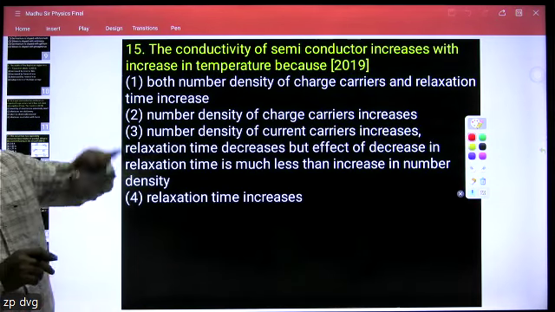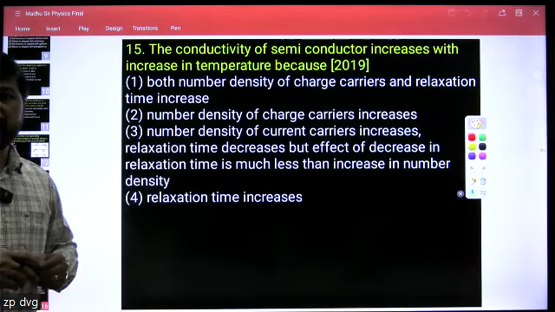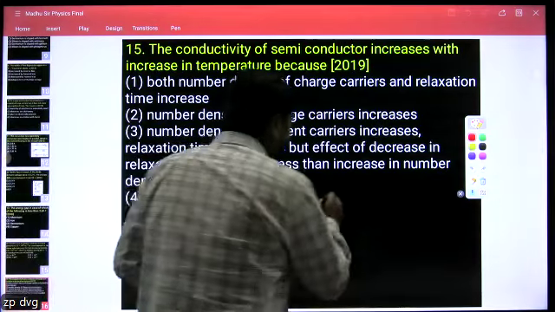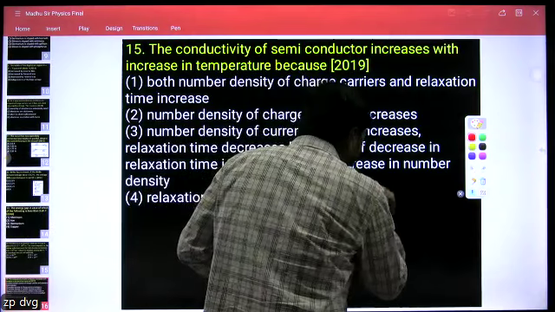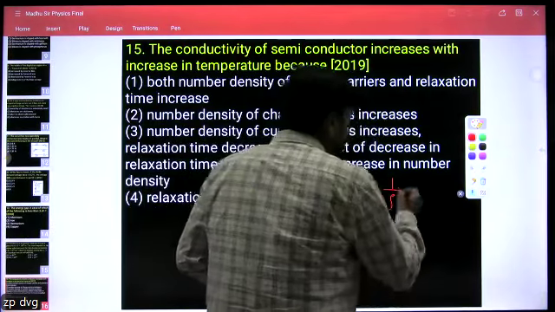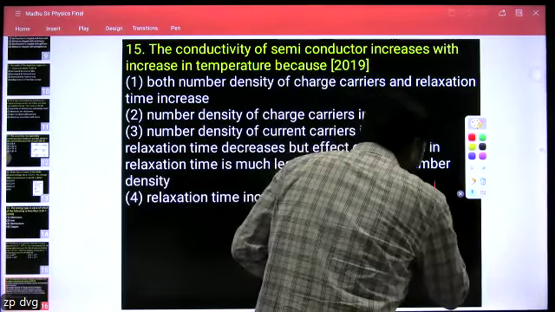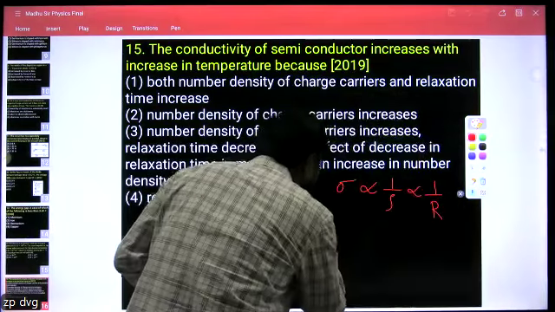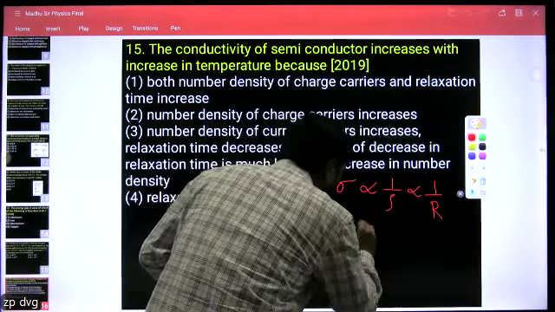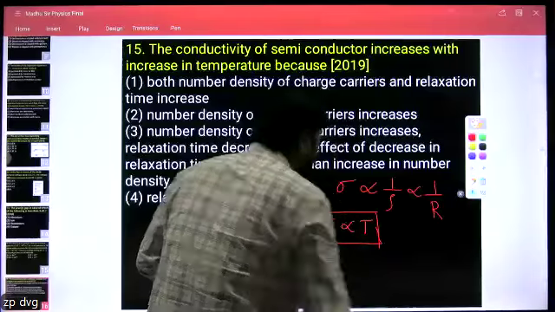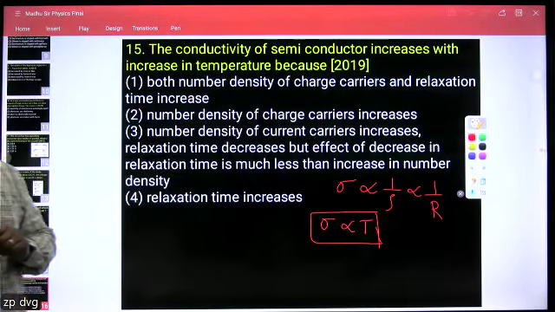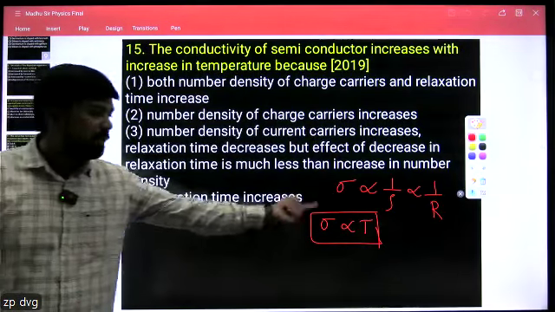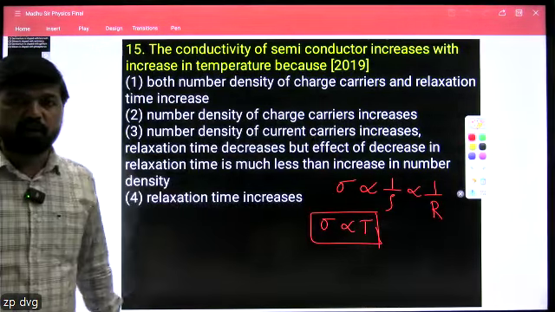Whenever temperature increases in a semiconductor, conductivity also increases, because conductivity is the reciprocal of resistivity, and resistivity is directly proportional to resistance. Semiconductors have a negative temperature coefficient of resistance. That's why as temperature increases, conductivity also increases.